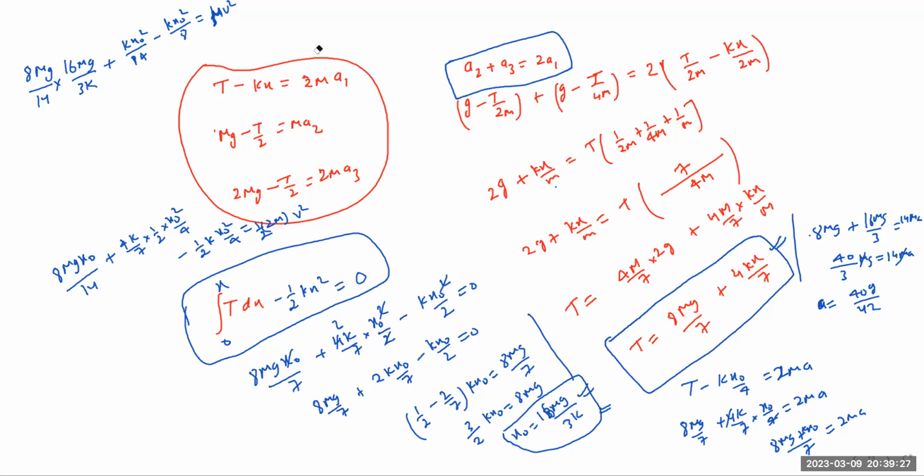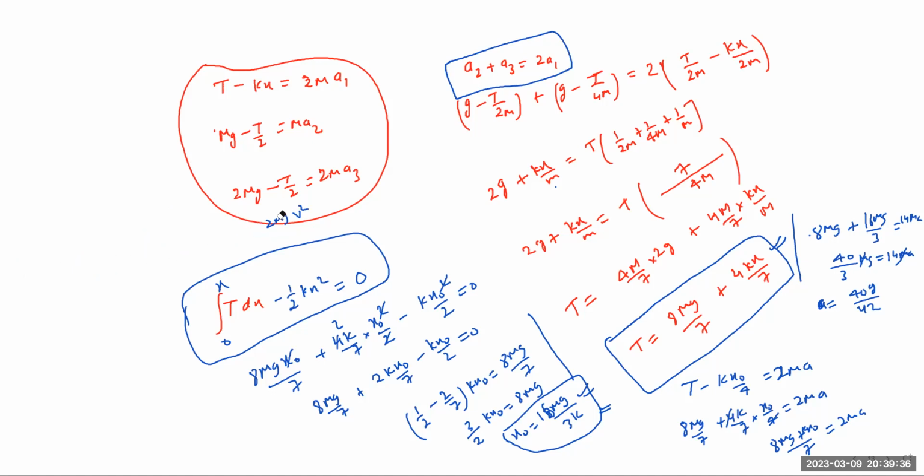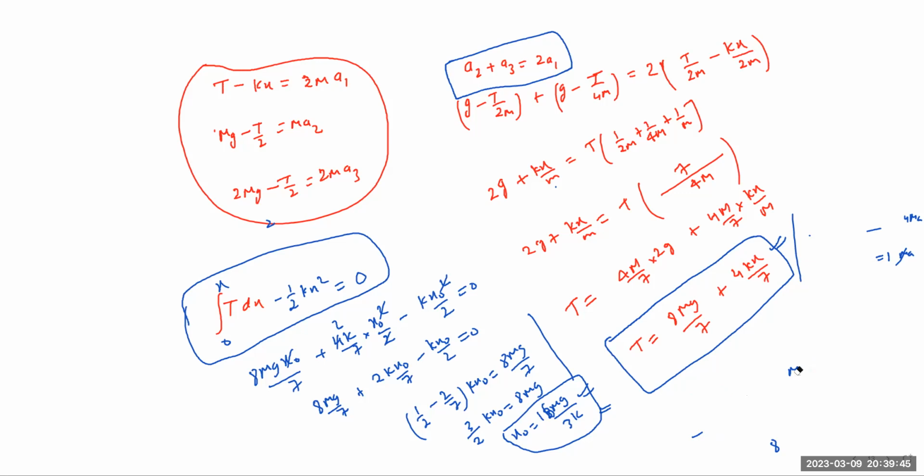And if something is not correct, I think it may be here. Sir, no, sir. In the most recent equation that you solved, I'm referring to. Okay, this one. Yes, sir. You forgot to substitute for minus kx naught by 4. Yeah, okay, fine. So I'll write it here.